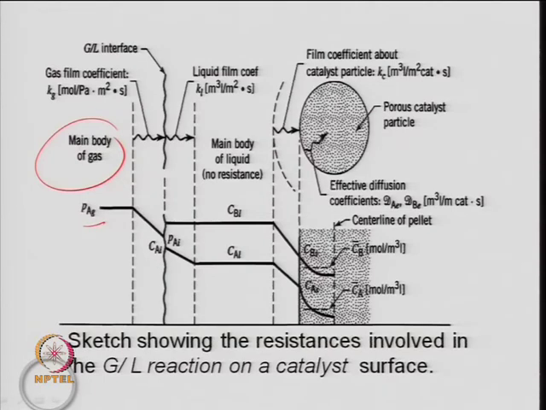There is a gas film coefficient, which I was talking about, something like KAG here. Because this is the interface of the gas, just like a bubble, and on this side it is the liquid film, which is KAL, the liquid film coefficient.